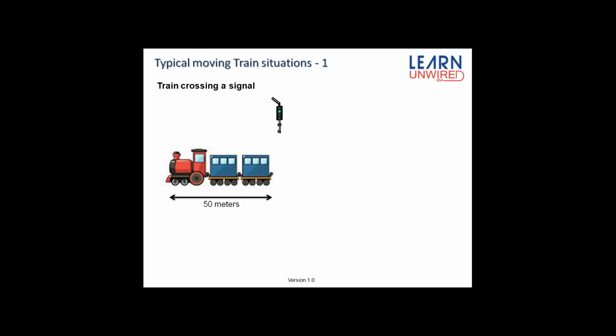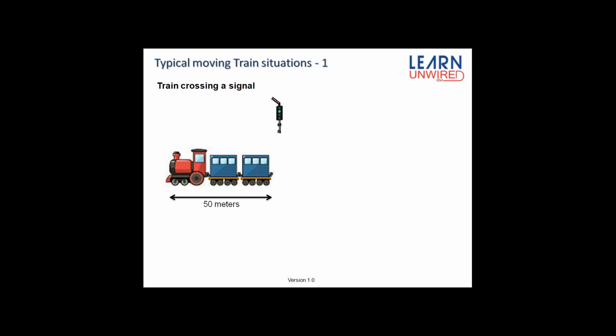Now, can you tell me how much distance the train has traveled to cross the signal? Yes, write in the chat window. Yes, Ashwini, it's 50 meters. 50 meters is the length of the train. That is the distance crossed by the train to cross a signal.